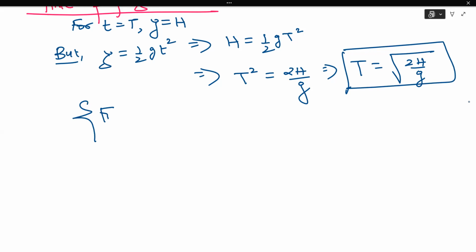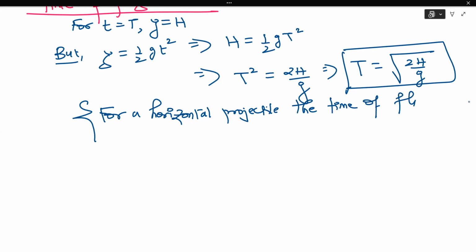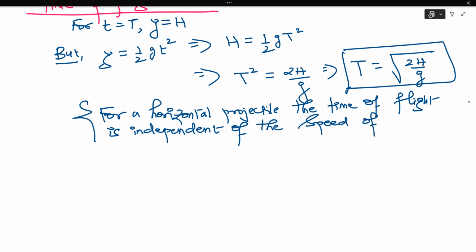That means for a horizontal projectile, the time of flight is independent of the speed of projection. With whatever speed I threw it, the time of flight will not depend on that. If I had dropped it, then also the same time of flight would be there. If I throw it with a large speed, then also the time of flight will be the same.